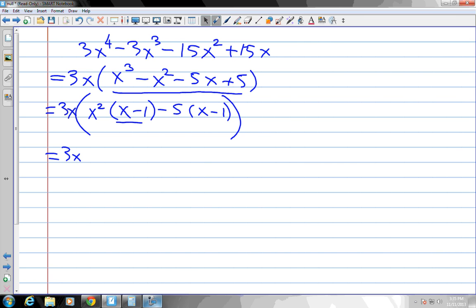Well, and then the rest, the common factor is x minus 1. We can take that out. And that leaves us with x squared minus 5. So here we go. Here's that big problem factored completely, gave us 3 terms there. Is that okay?